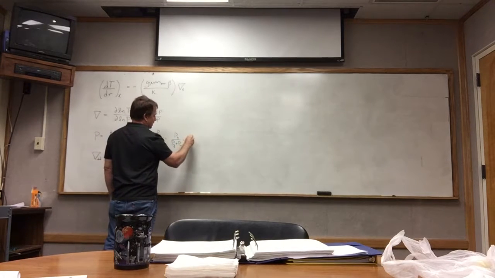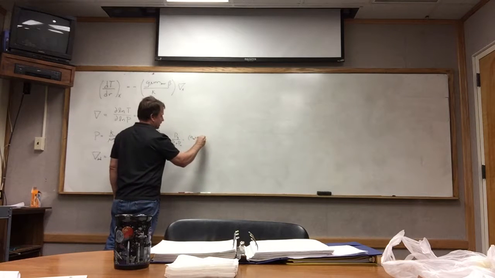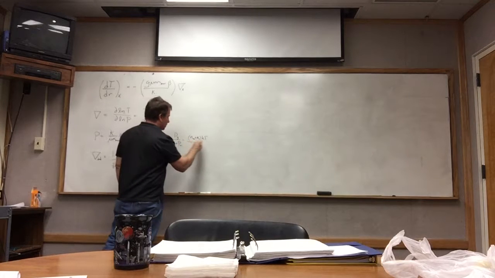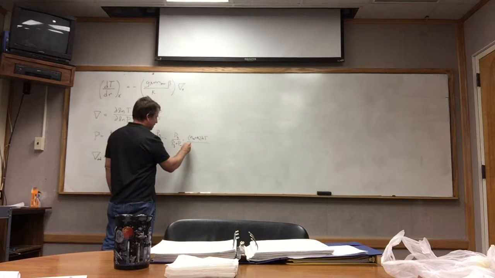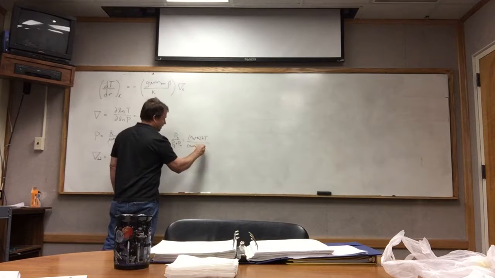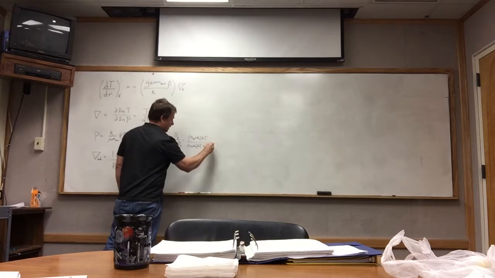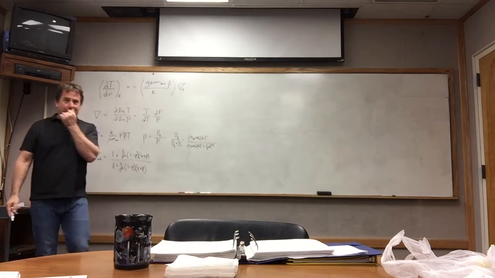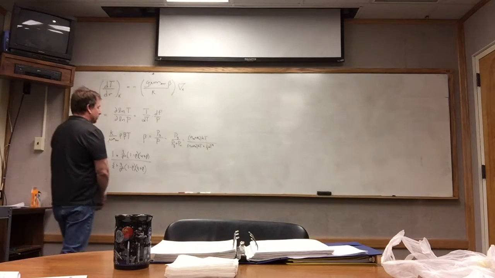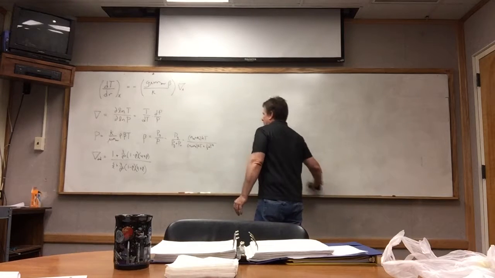P gas was N nuclei plus Ne times KT, or if you want to put some rhos in there and some mu's, you're more than welcome to. And then, anybody? It's 1/3 A T to the 4th for the radiation pressure. Okay. All right.